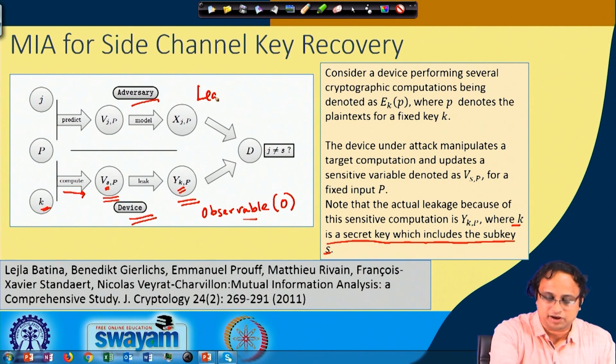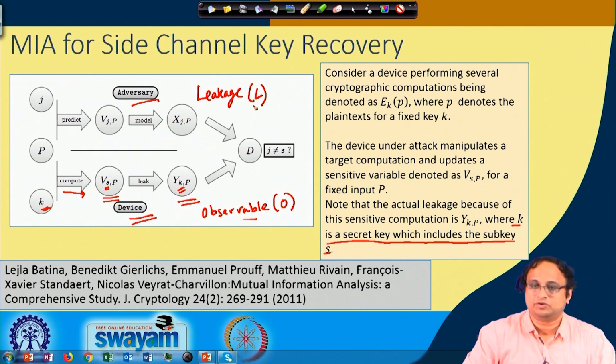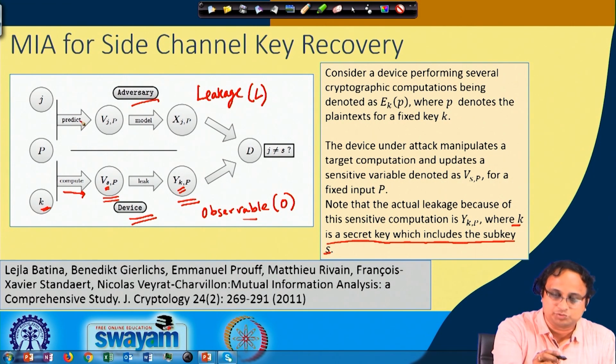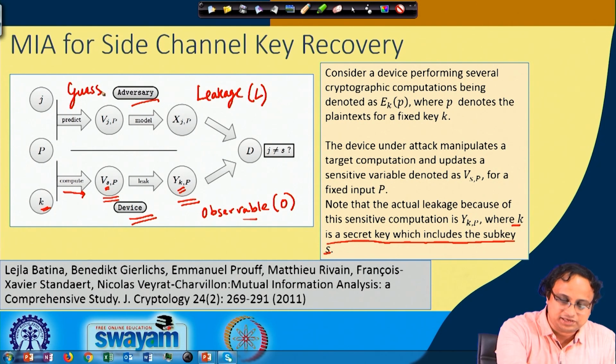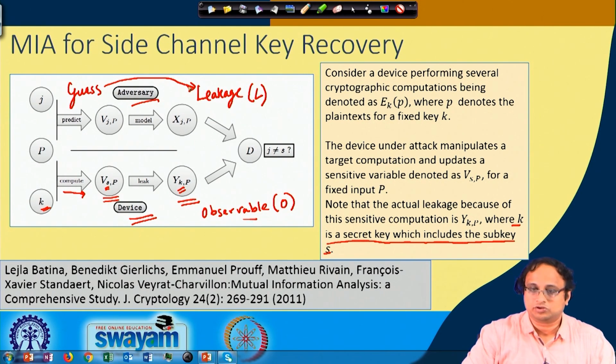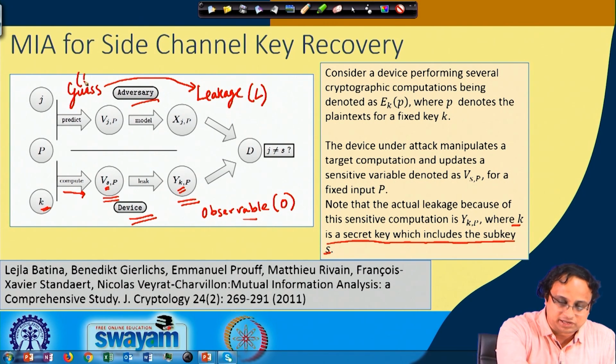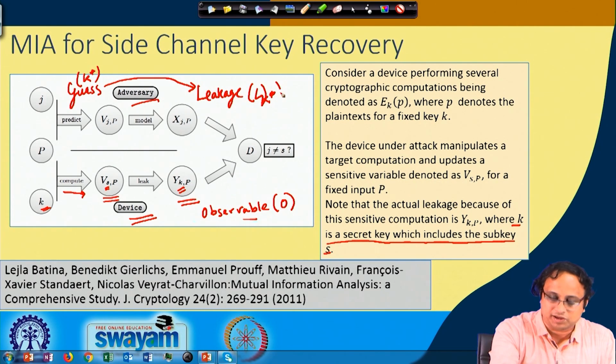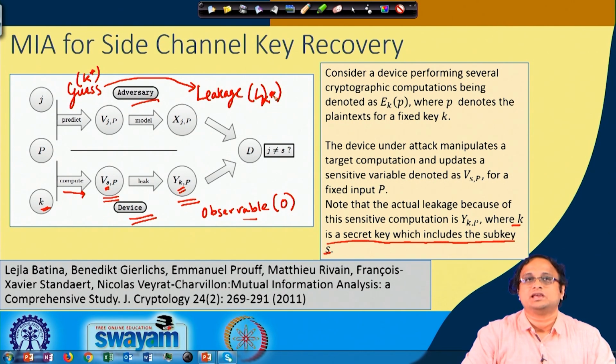You find out a leakage vector, and this is denoted as L. Now, this leakage depends upon the guess which you are doing. There is a guess of the key that is mapped by some function into a leakage. Let me denote this guess as k star, for example. Therefore, the leakage will be parameterized by k star, so I call that L(k star).